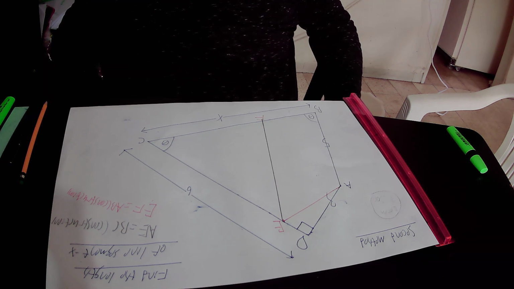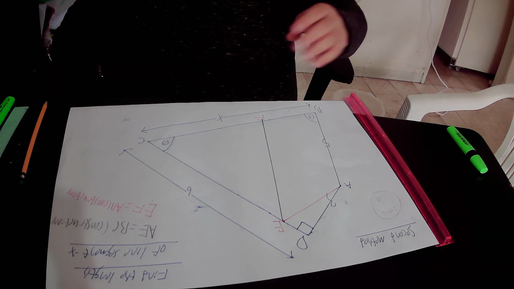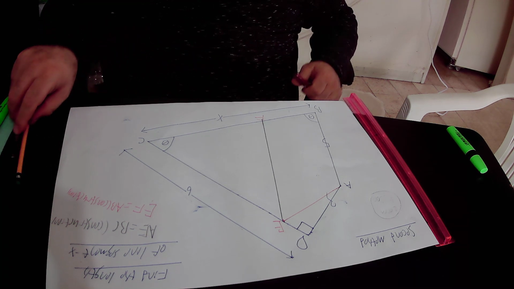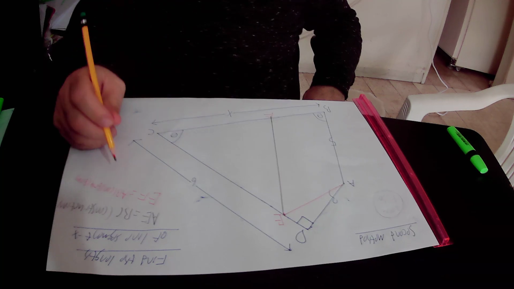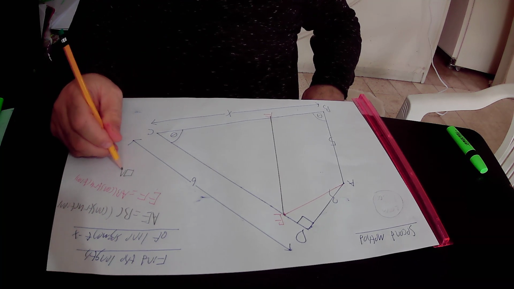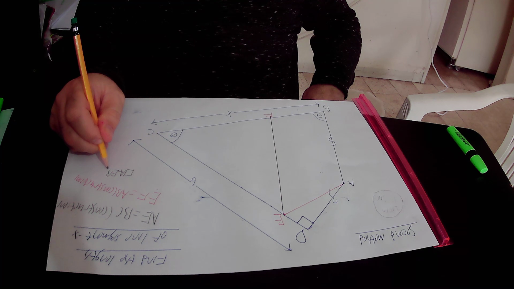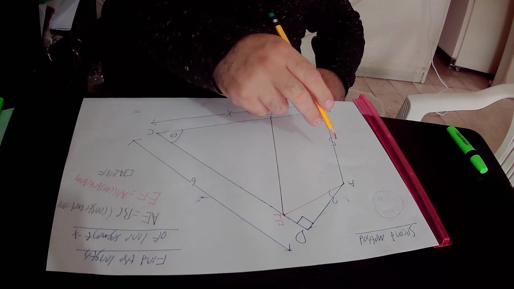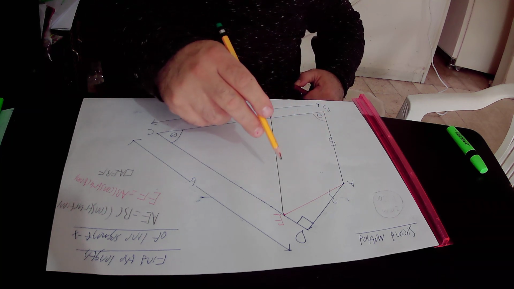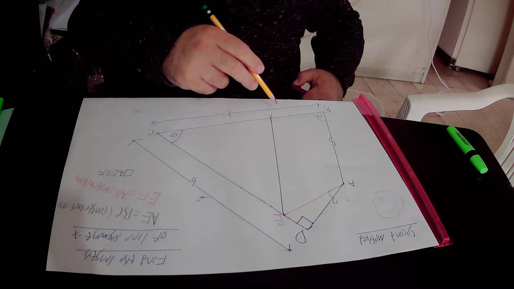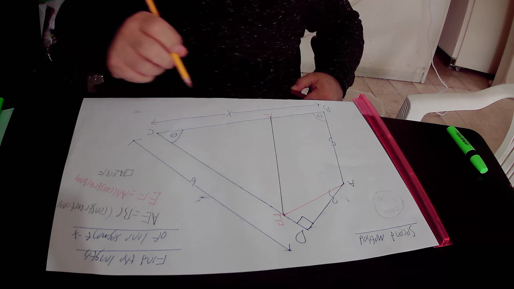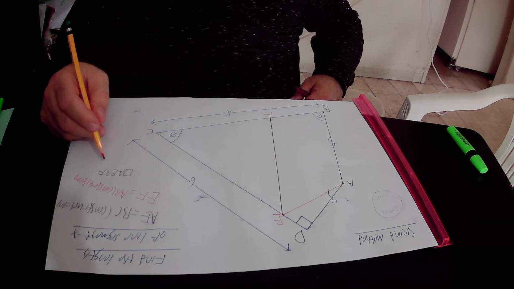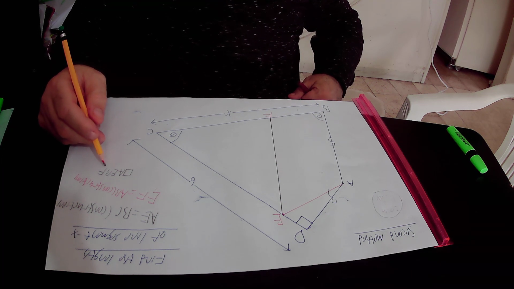So actually we have quadrilateral AEBF. In this quadrilateral, we have two couples of sides that are parallel to each other. The first couple is AB parallel to EF, and the second couple is AE parallel to BF. Therefore, this is exactly the definition of a parallelogram.